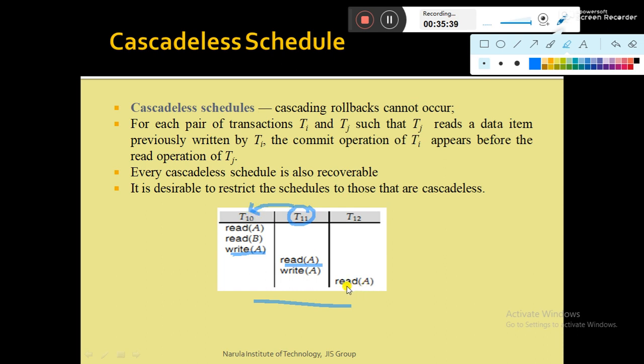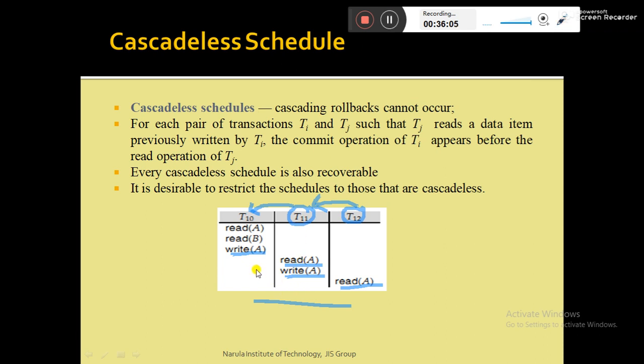And T12 reads a data item A which was previously written by T11. So T12 is dependent on T11. So three transactions are running concurrently and these three transactions are dependent: T12 is dependent on T11, T11 is dependent on T10.